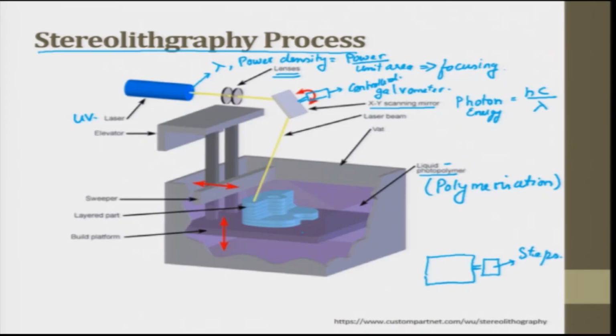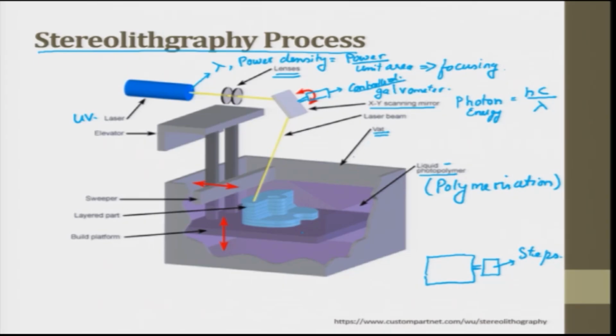So, this controlled motor can be used to control the rotation of this mirror. This mirror in turn reflects onto the top of the liquid polymer. The liquid polymer is placed inside a vat.